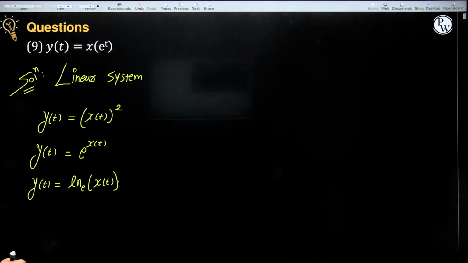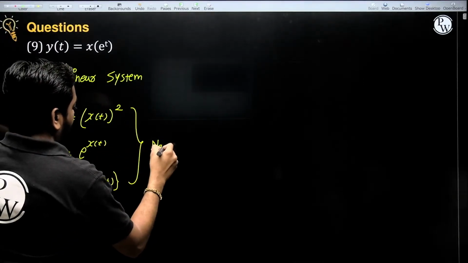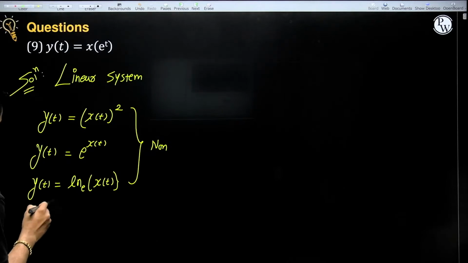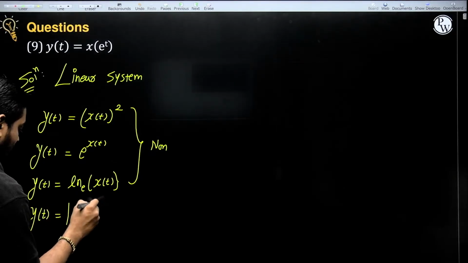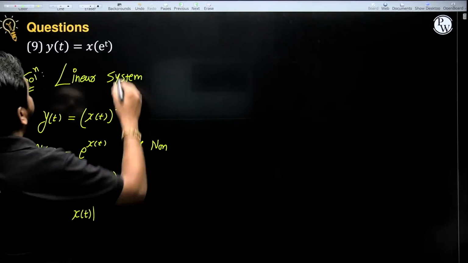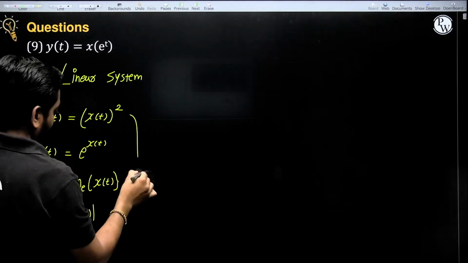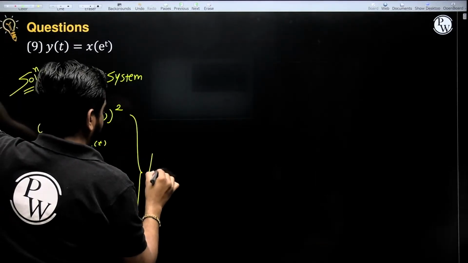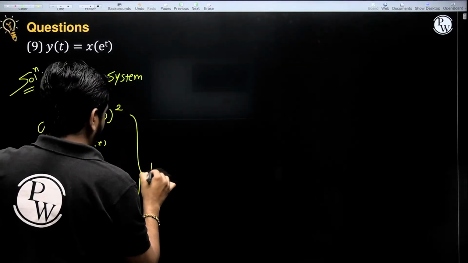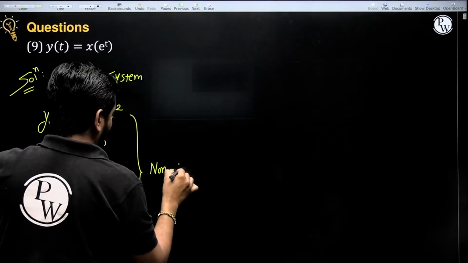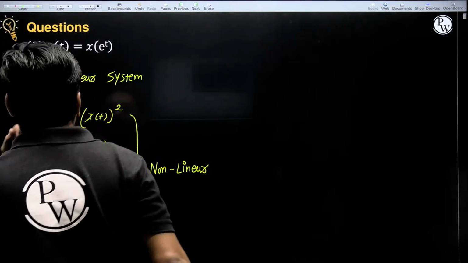Are you getting? All are non-linear systems. Mod y of t is equal to mod of x of t, modulus of amplitude, also a non-linear system.